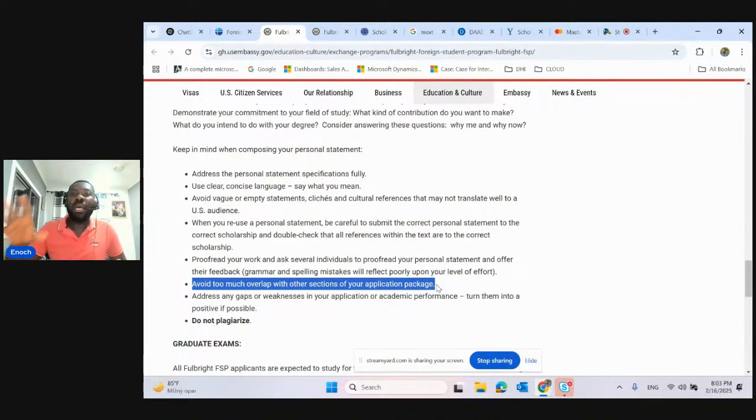Dedicate each essay to specific aspects of yourself that you want to project to the admission committee, and also address any gap or weakness in your application or performance. Turn them into a positive if possible.